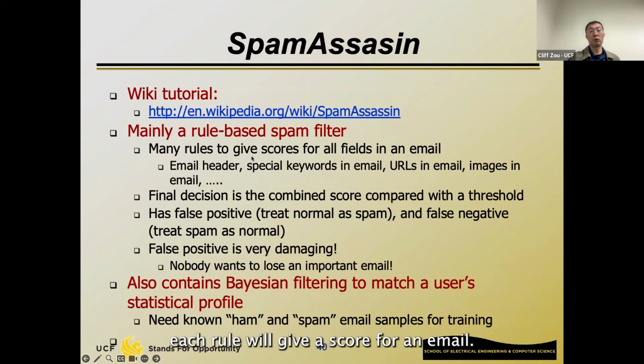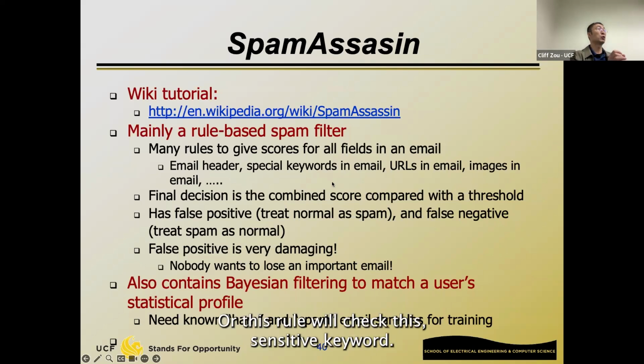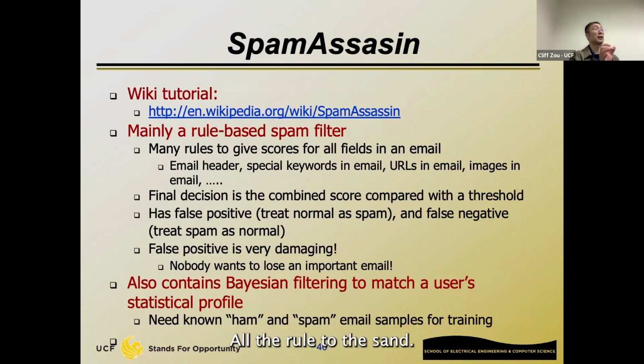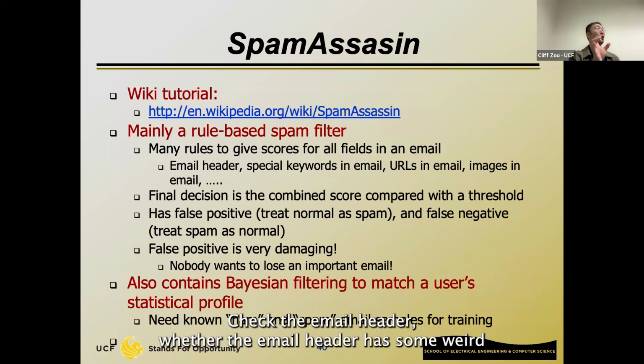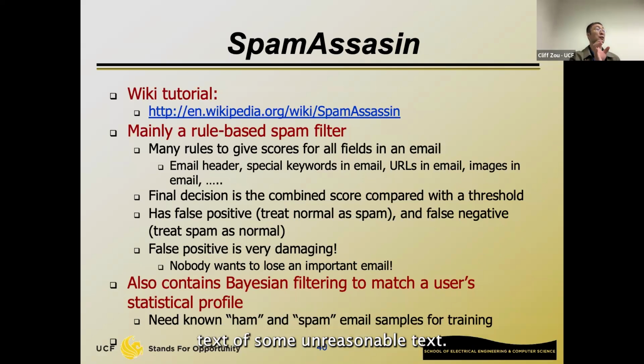Each rule will give a score for an email. A rule could check for a sensitive keyword, or it could check the email header, whether the header has some weird or unreasonable text.